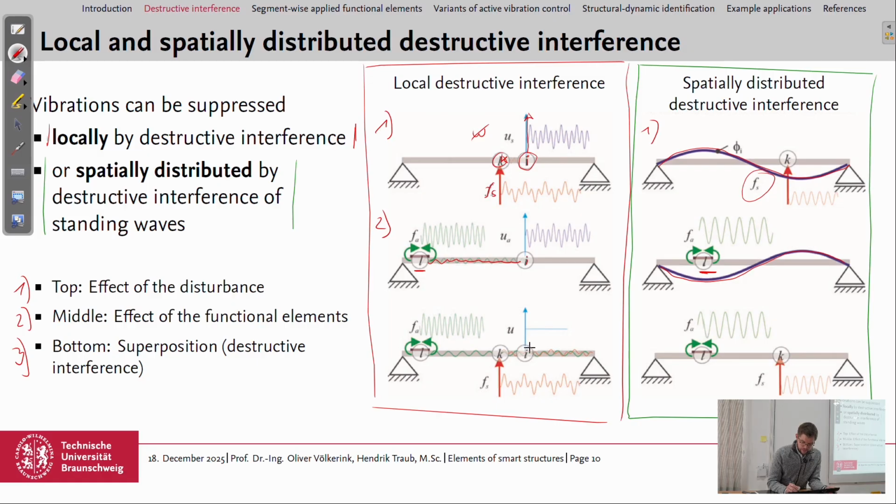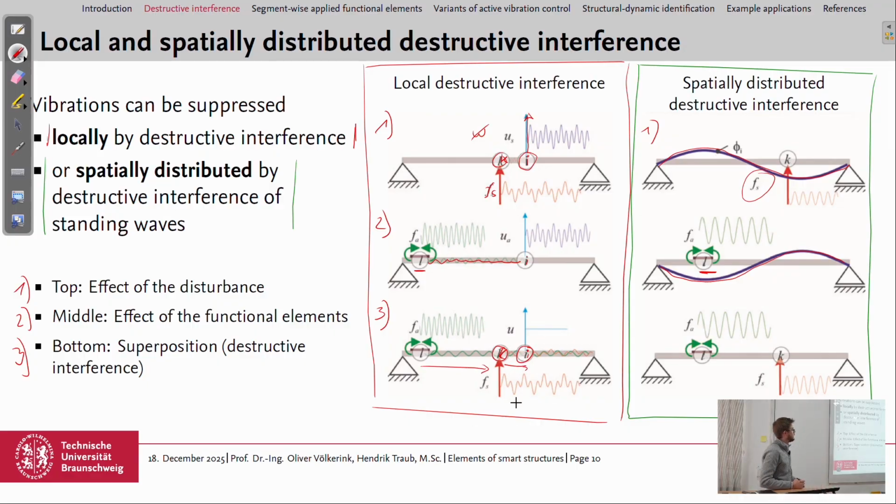And now if we look at the third row here, then we use superposition again for the destructive interference. If we look at the local destructive interference, then at point I, the waves meet, or we only look at the behavior or the superposition of the two traveling waves at point I. One is traveling from point K, where the external excitation is, to point I, and the other one comes from the actuator.